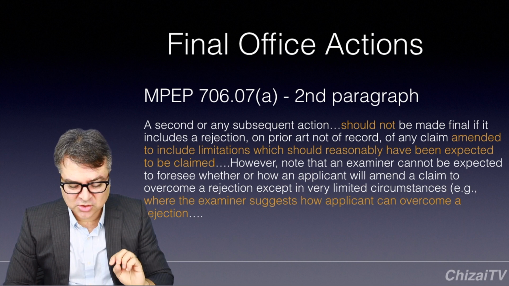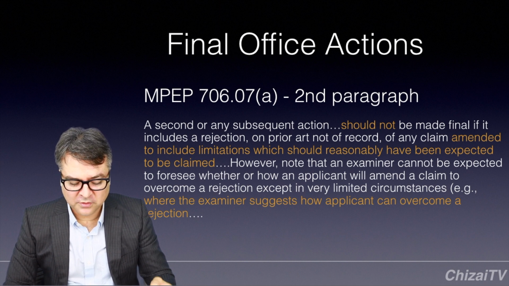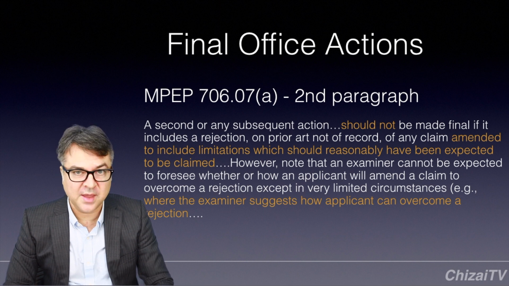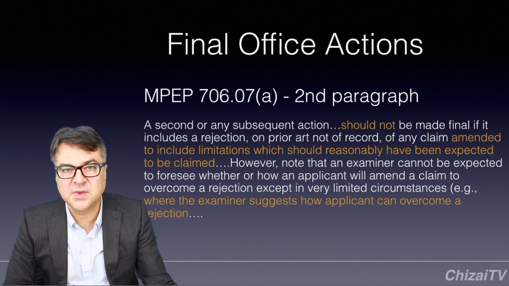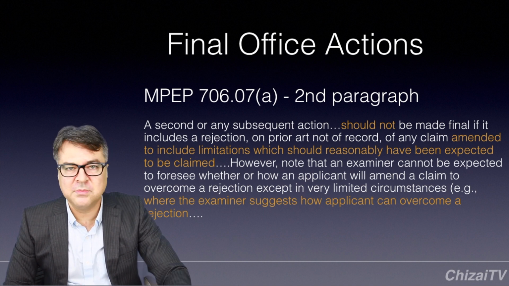So the action should not be made final if it includes a rejection on prior art not of record of any claim amended to include limitations which should reasonably have been expected to be claimed by the examiner. So if the examiner knows you're going to do this amendment, they shouldn't just reject your amended claim and make the next action final.